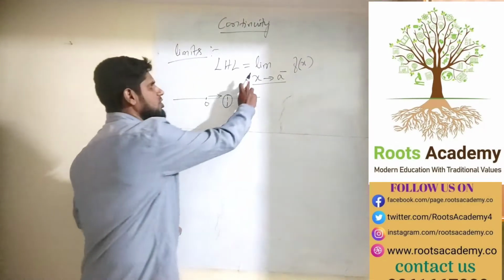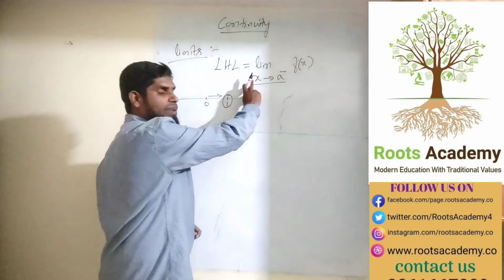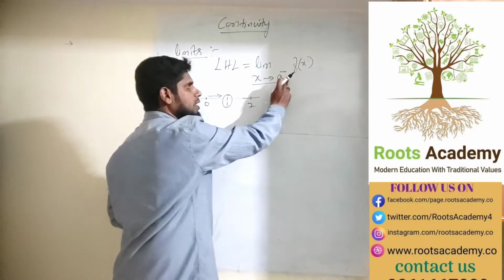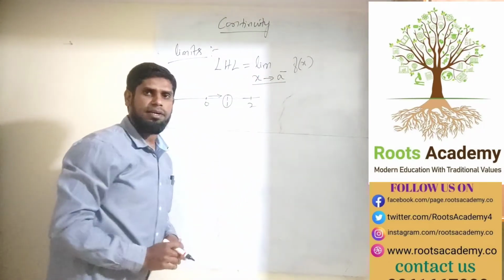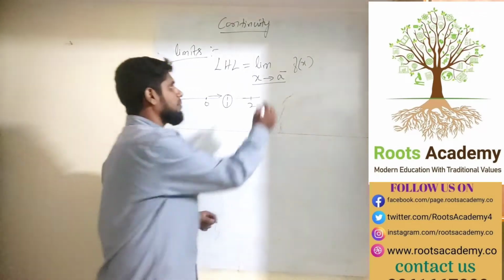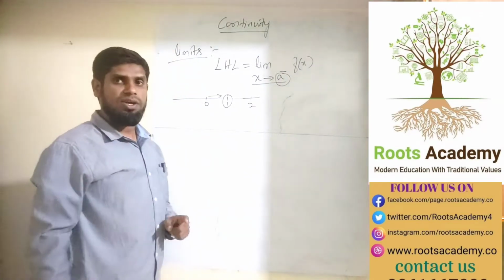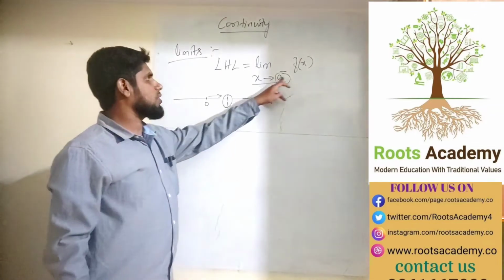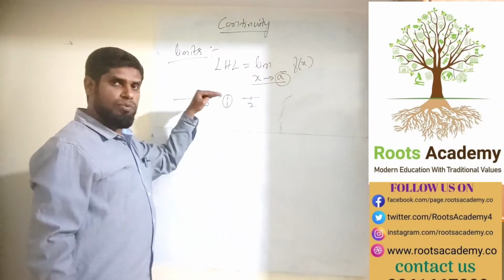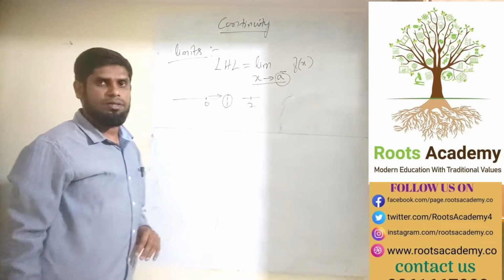This representation says that the value of x is approaching towards a from the left hand side, but it will never be equal to this value. It is just moving towards a.